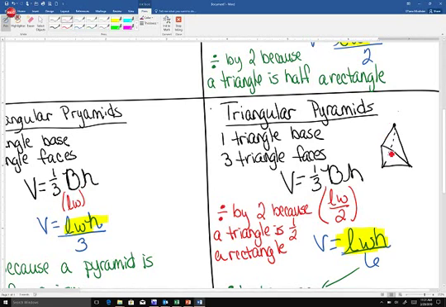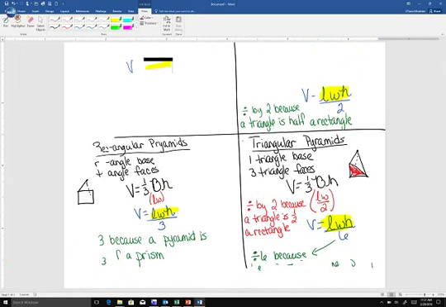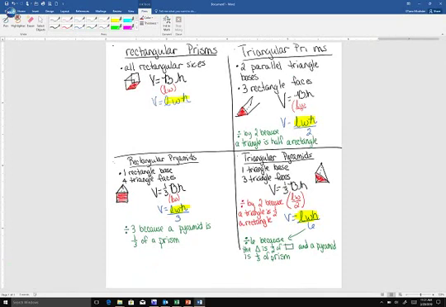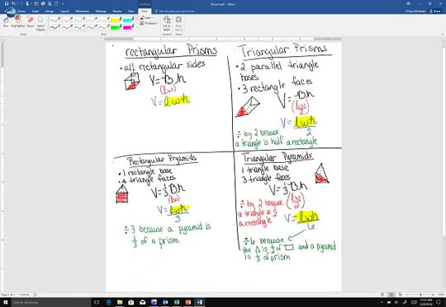And I see that my triangular base is right here. Take a minute and let me know if you have any other questions about finding the volume of prisms or pyramids.